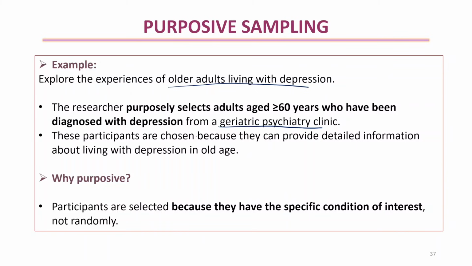These participants are chosen because they can provide detailed information about living with depression in old age, as they have first-hand experience of the condition being studied. So, this is purposive sampling because participants are selected deliberately based on specific characteristics and not randomly.